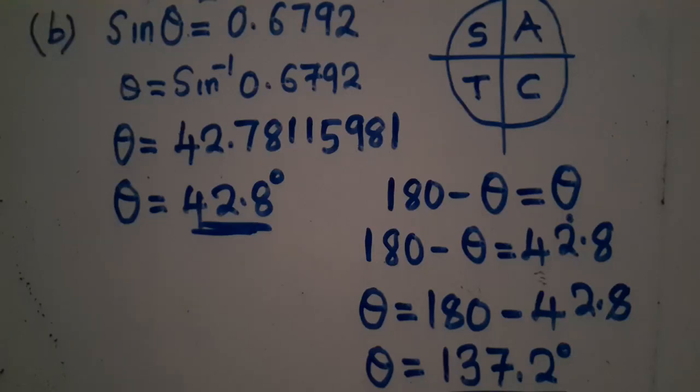So you say sine 42.8. What answer are you getting? The exact answer is 0.67944. You are able to see that it is within the range. Now let's say sine 137.2.